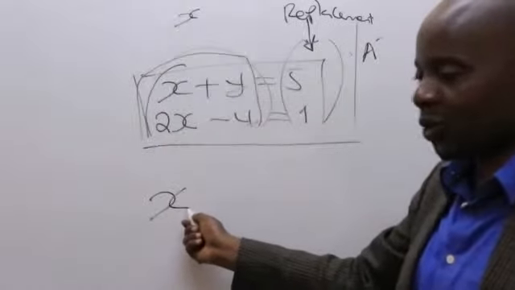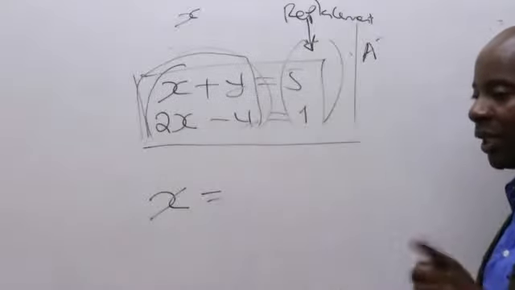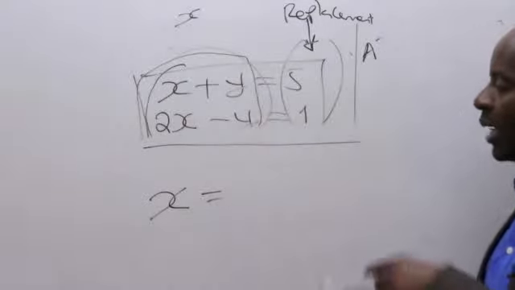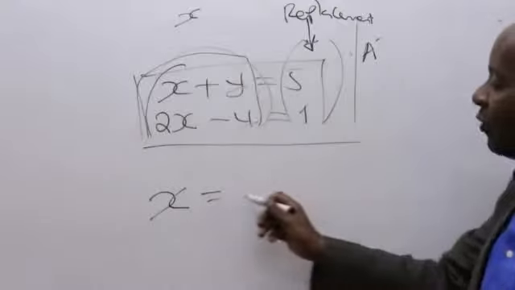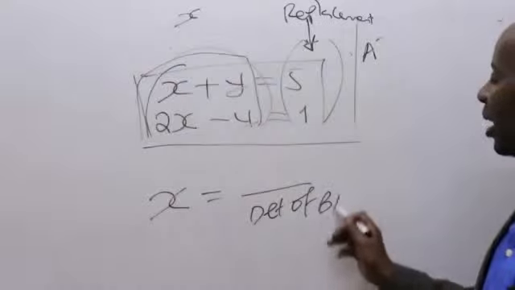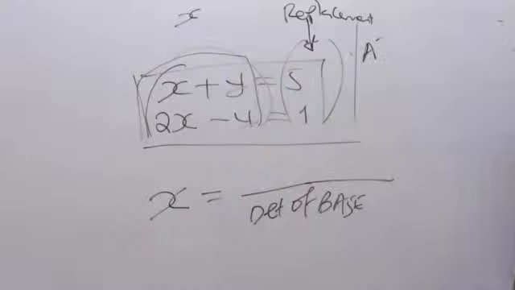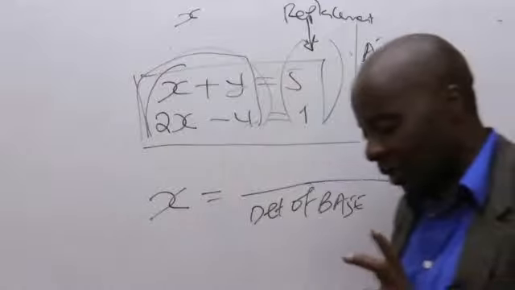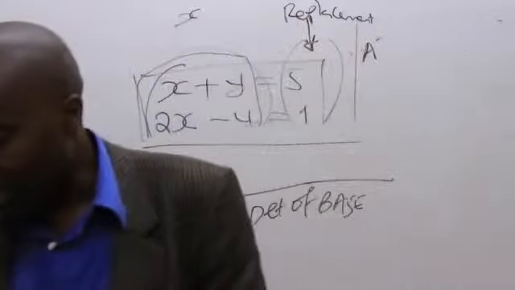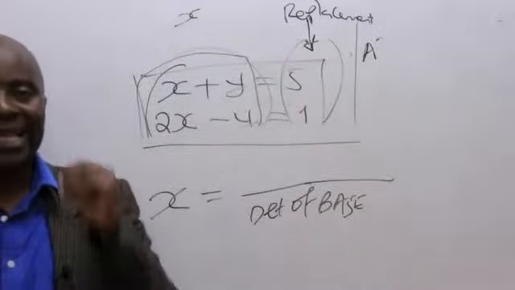Such that if you want me to give you the value of x, I will come and talk over, listen to me very well, two things. I'll be having the numerator matrix divided by determinant of the base. I wish somebody can just understand this once and for all, because this is quite an interesting thing, something that all of us did in high school.